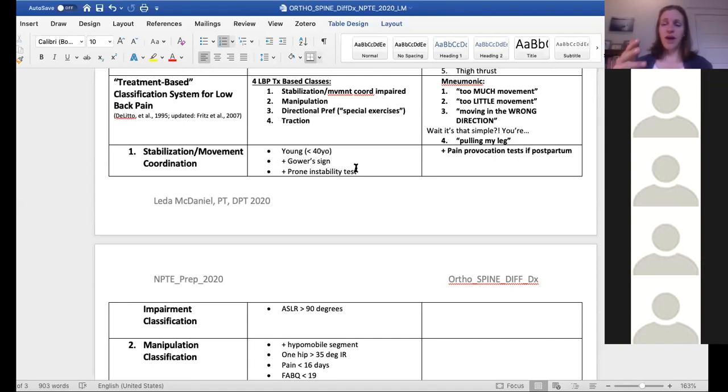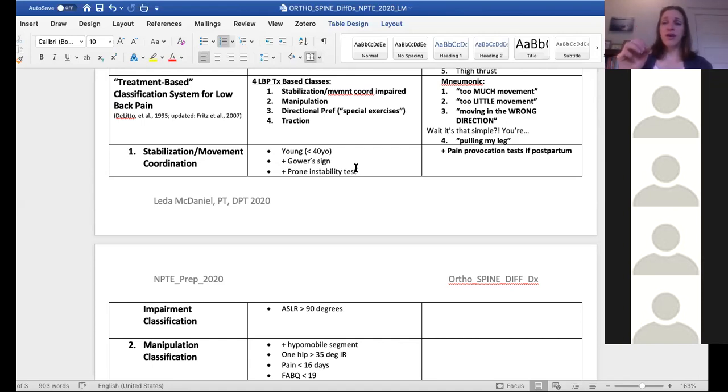And then our last category of patients are going to be our traction patients. This is going to be the patient who has some sort of radicular symptom, some sort of nerve root symptom, but cannot self-centralize or cannot get those symptoms to move out of the lower extremity and back towards the back. So they don't respond to directional preference exercises, or they may not be able to self-centralize for some other reason.